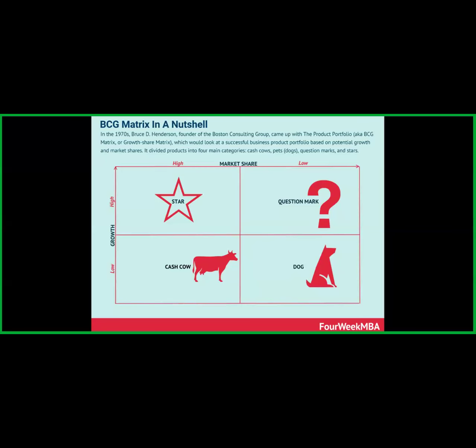Another example we can say is ice cream. In ice cream, who is market leader? If we are talking about Indian brand, we all are aware that right now Amul is the leading brand, and the market of ice cream is on the rise.